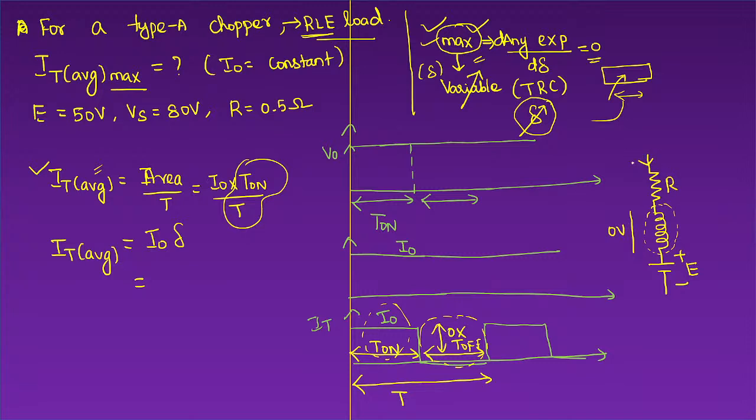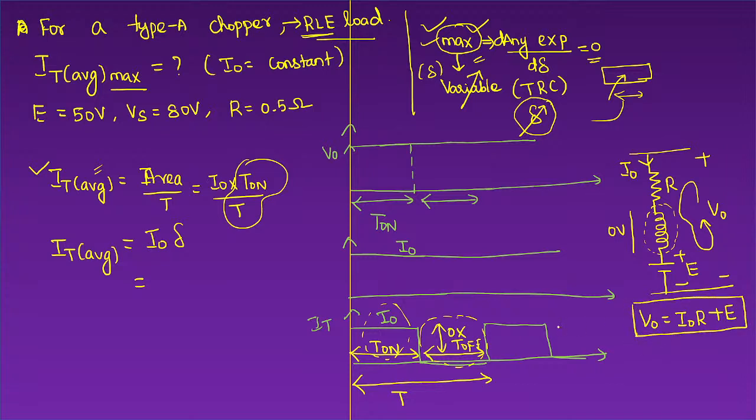So when estimating the output current I naught, between the overall terminals we estimate the output voltage V naught. Now can you write down the KVL expression for this? The output voltage V naught can be written as the voltage drop across the resistor, I naught into R, plus the battery voltage E. That is the basic relation. We have seen the same thing in rectifiers also.